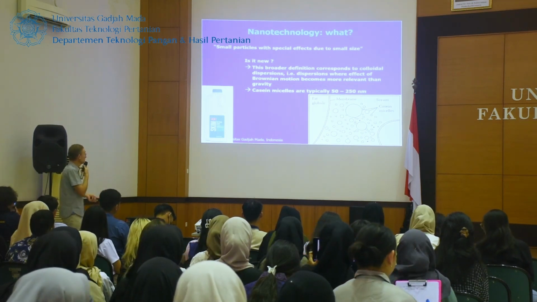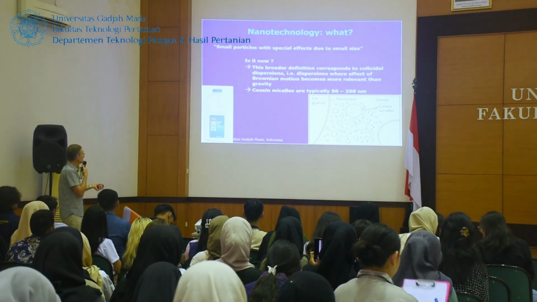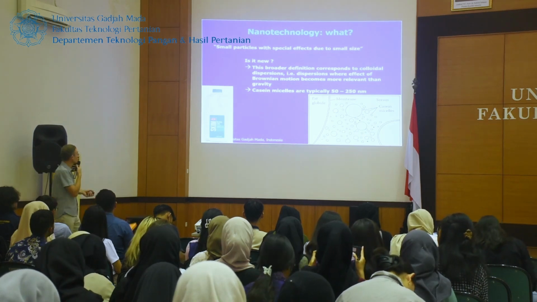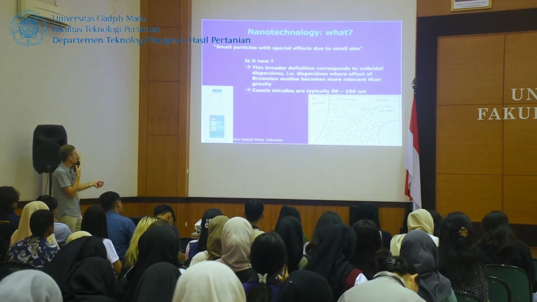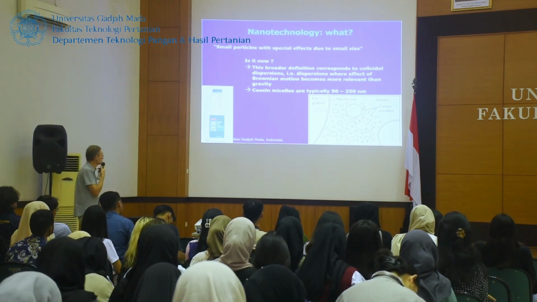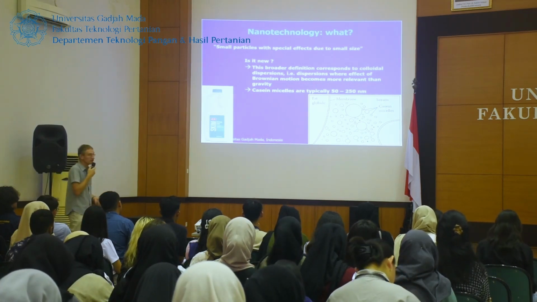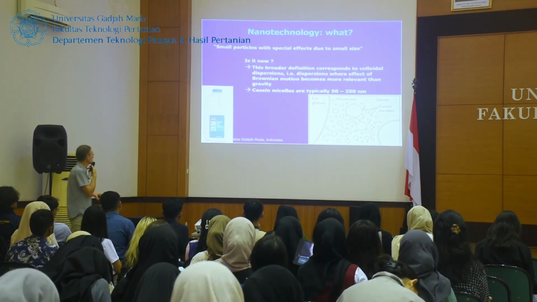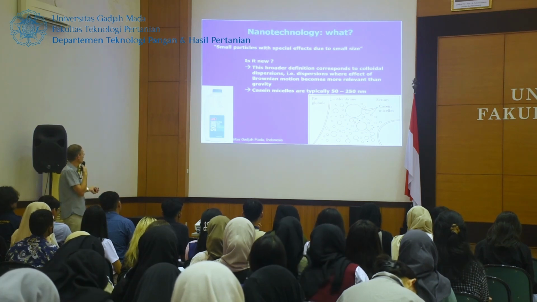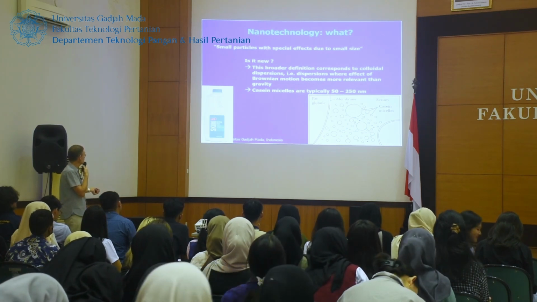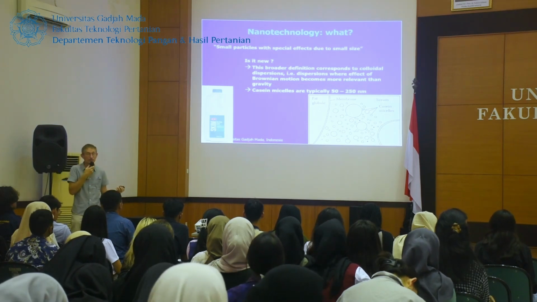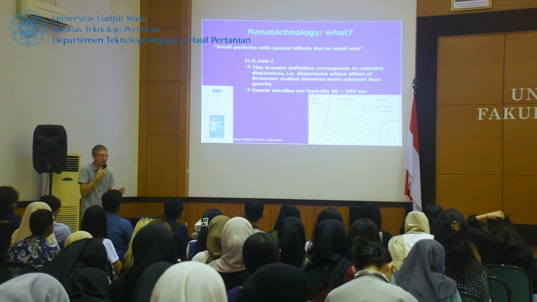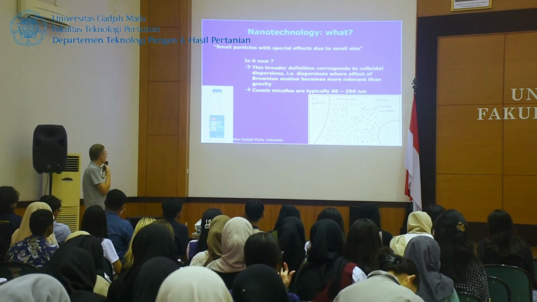If we use that kind of definition, that's also coming back to the definition of colloidal dispersions, because colloids are defined as particles where the effect of Brownian motion becomes more relevant than gravity. Talking about nanoparticles, so particles in that region, if you have a look at skim milk, skim milk means that fat droplets have been removed. Visually, skim milk still looks very opaque, completely white, and no light is going through.